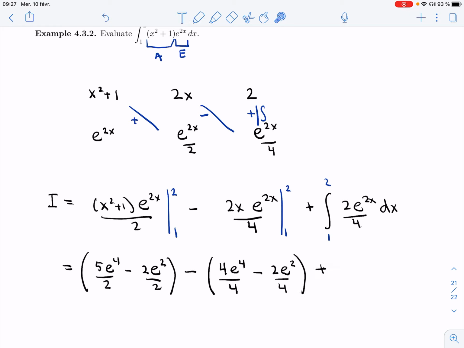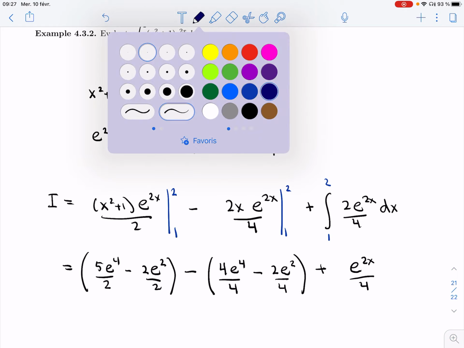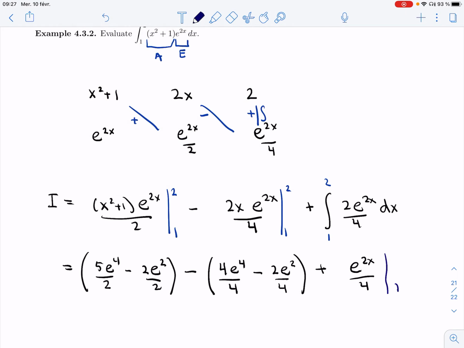All right, so this last one I haven't integrated yet, so I need to integrate. I need to get rid of the integral sign. And so this is what I'm getting from 1 to 2.